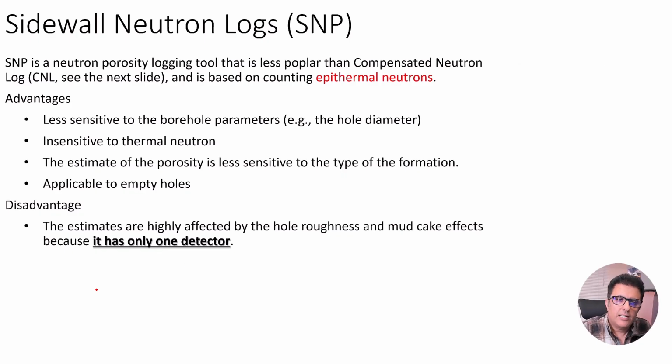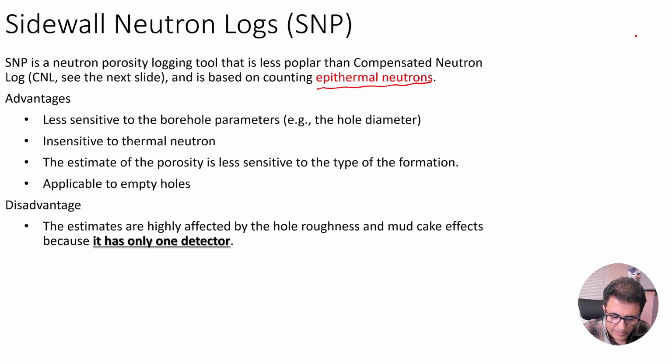Different logging tools have been introduced to estimate the porosity from neutrons. One of them is the sidewall neutron log, or SNP. This logging tool is based on measuring epithermal neutrons, and it has just one detector. From the name, you may notice that it is clamped to the formation.